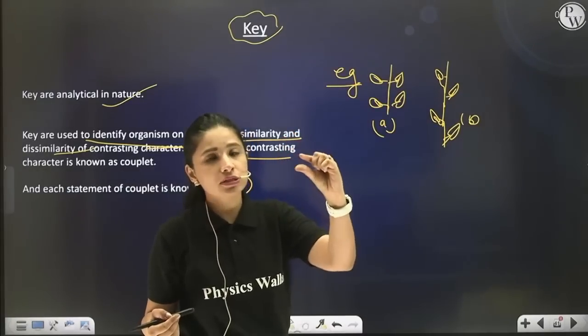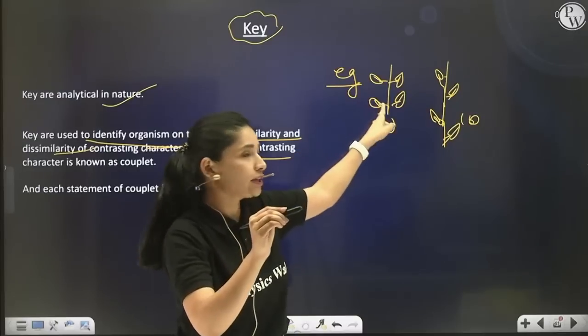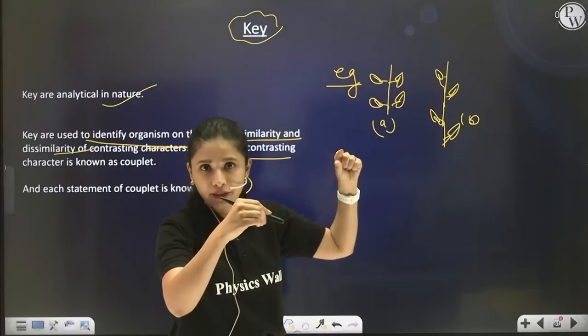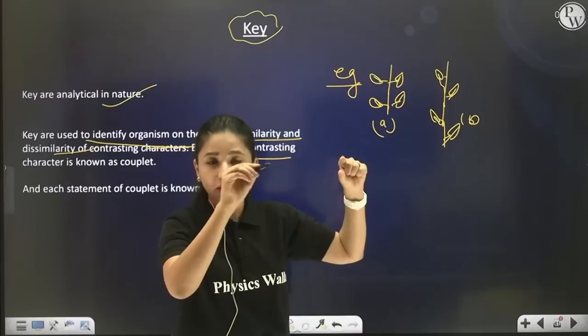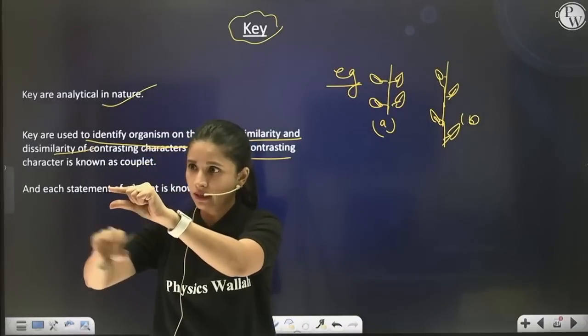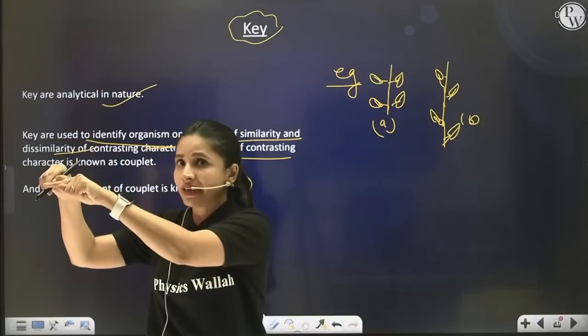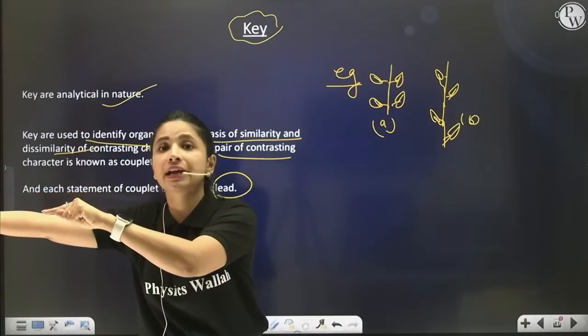Out of those sets, one statement you have to select according to your specimen, and the other statement you have to reject. The one statement you select is followed by another set of couplet. Then one lead you select, another you delete. Related to the one you selected, you again get another set.